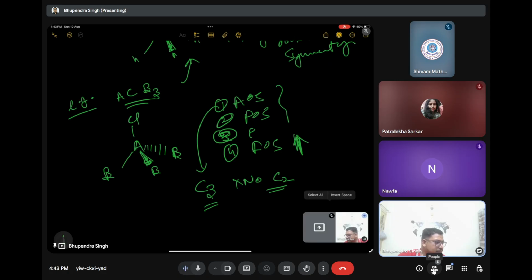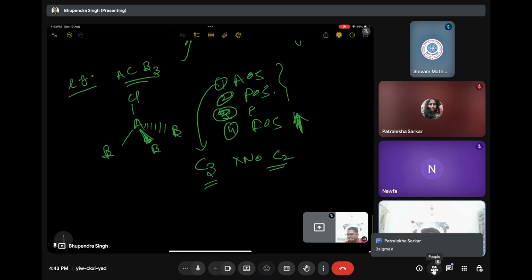Then find the plane of symmetry. 3 sigma v. 1, 2, 3. Yes, 3 sigma v's are there. So what is the point group of this molecule?